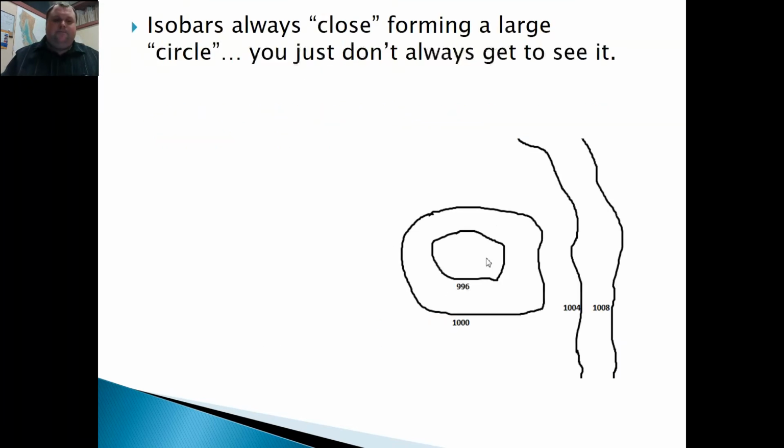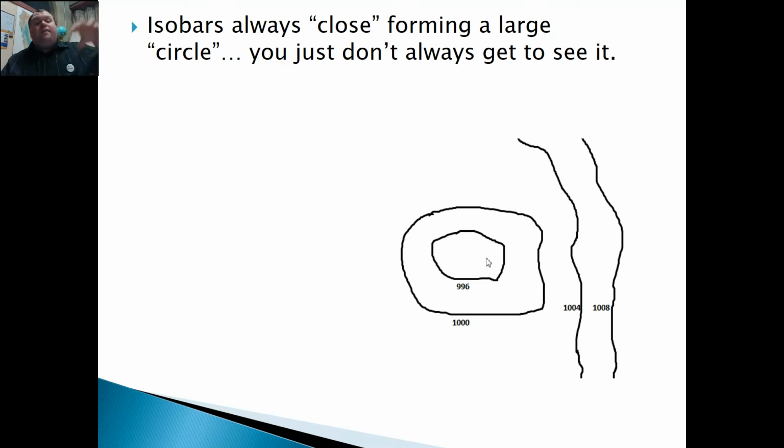And just to extend on that, isobars always close, forming a large circle. But you don't always get to see it. The reason why is because those isobars do continue on after they've reached the edges of your map. They go on to wherever is beyond the edges of your map.